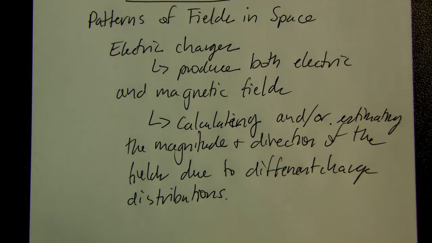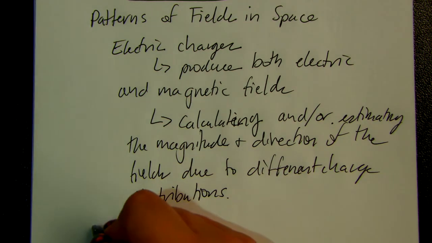Okay, so basically what we've been doing so far in this chapter, or in this whole Physics 2 series, is thinking about the electric fields as they relate to different charges. Now we're going to be thinking more about the fields themselves, which is actually the more important of the two concepts.